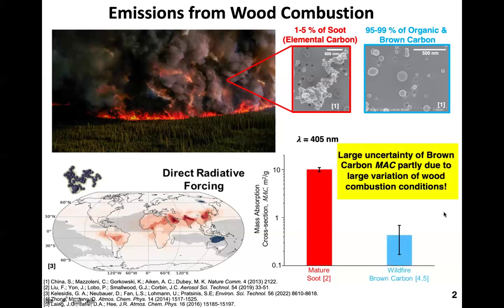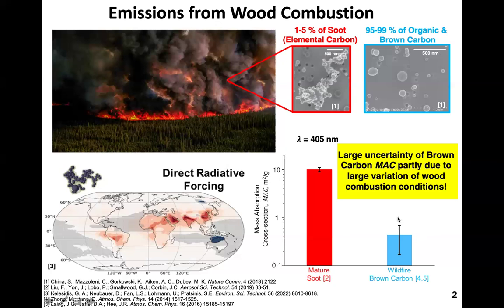However, as you can see in this figure over here, the light absorption from brown carbon that has been emitted from wildfires is much smaller compared to the light absorption of mature soot that is emitted, for example, from diesel engines. However, you may notice over here that there is a large uncertainty regarding the mass absorption cross-section of brown carbon.